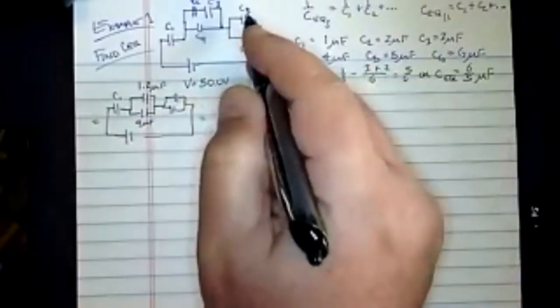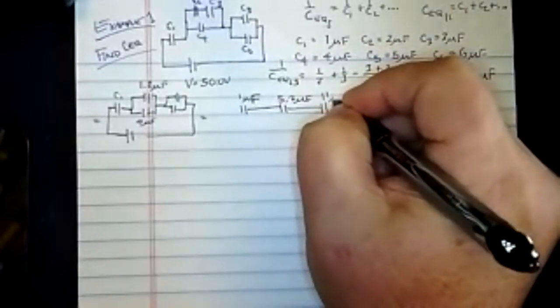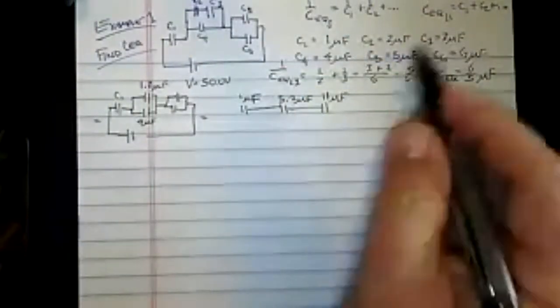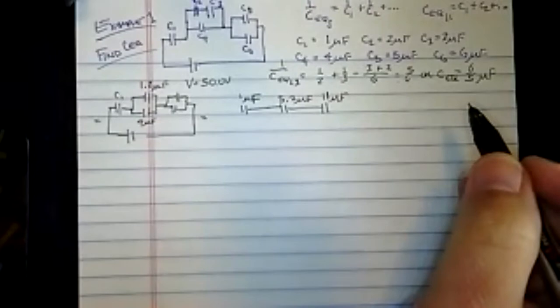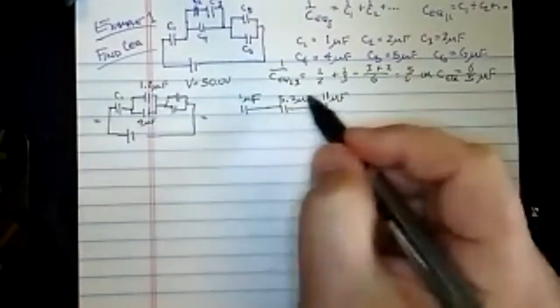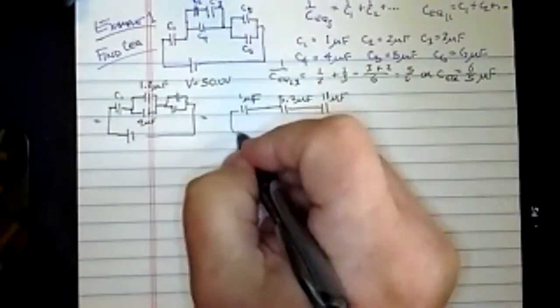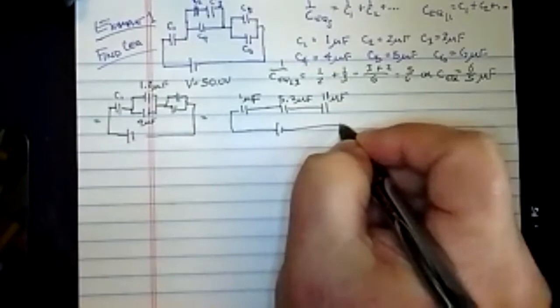And then notice this one, C5 and C6, that's 5 microfarads and 6 microfarads, so that should give me 11 microfarads. Again, because they're in parallel, they add the easy way. So this is C1, this is the equivalent of those 2, and this is the equivalent of those 2. And now I can draw my battery right here.